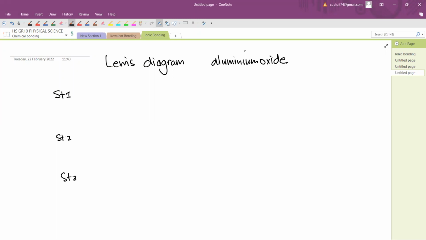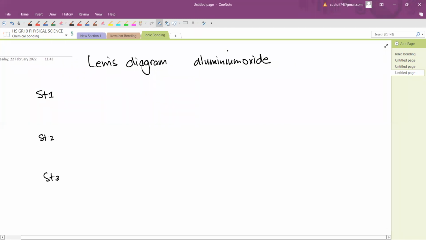What is aluminium? Let's just get the answer first. Aluminium is in group what? Aluminium is in group 3. So it's 3 plus. Yes. And oxygen? Oxygen is in group 6. Charge, please. Charge will be -2. Very good.